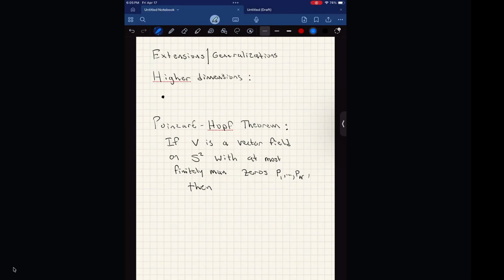It says that if you have a vector field with isolated, or at most finitely many, zeros, then it tells you the index. On the sphere, it would say that 2, which is the Euler characteristic of S2, has to be equal to the sum from 1 to k of the index of the vector field about the point p_i.